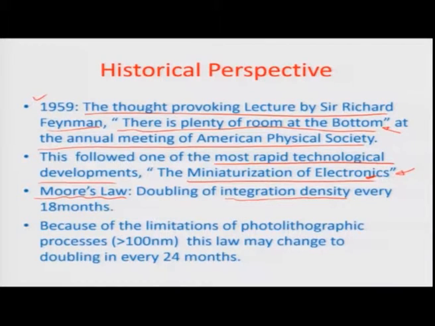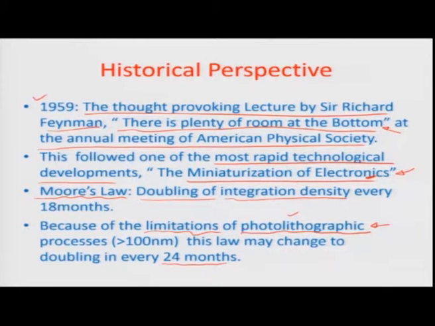And so, what Moore describes is a doubling of the integration density every 18 months. And obviously, this got changed to about 24 months because of limitations imposed by a process which is very important in laying out some of these small components and features, which is known as photolithography.